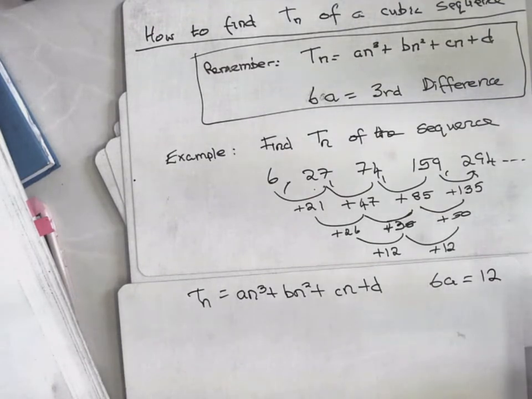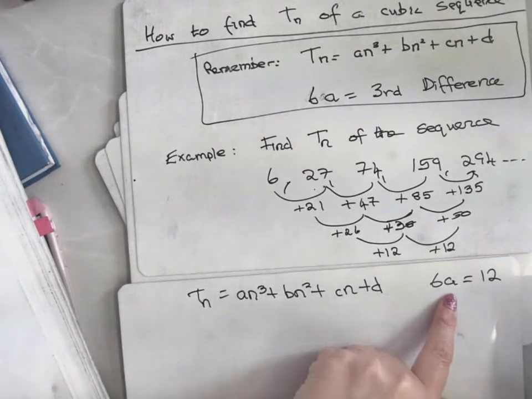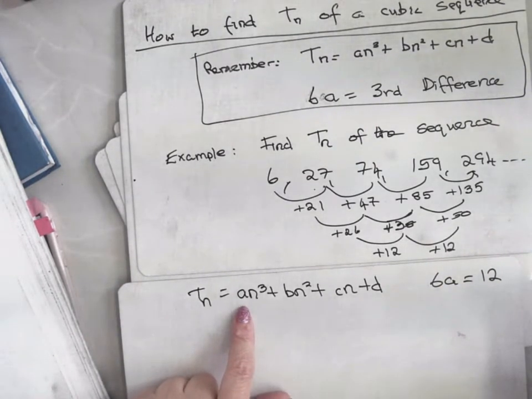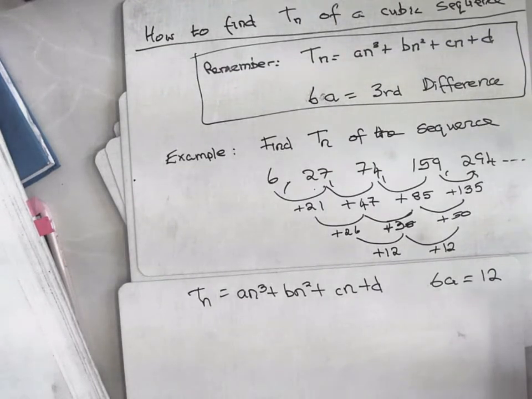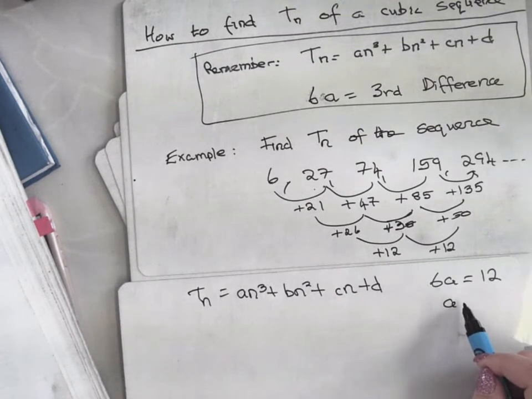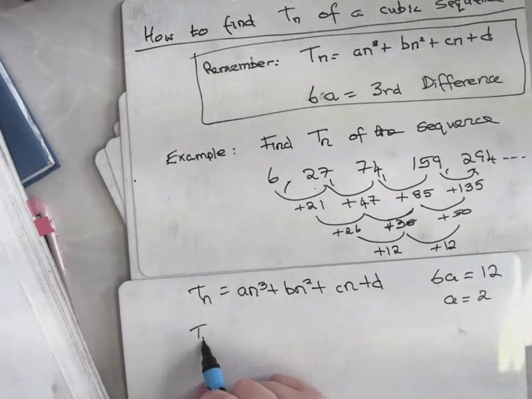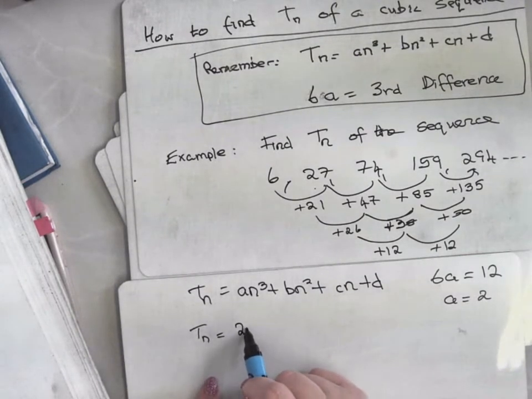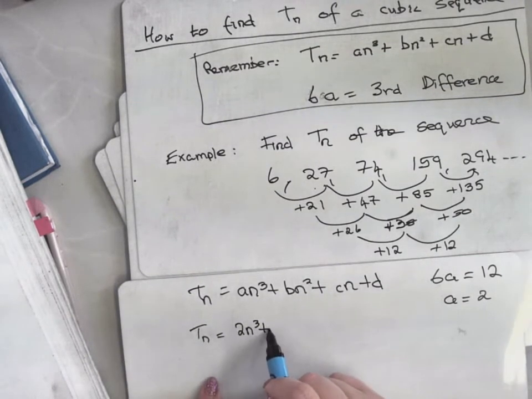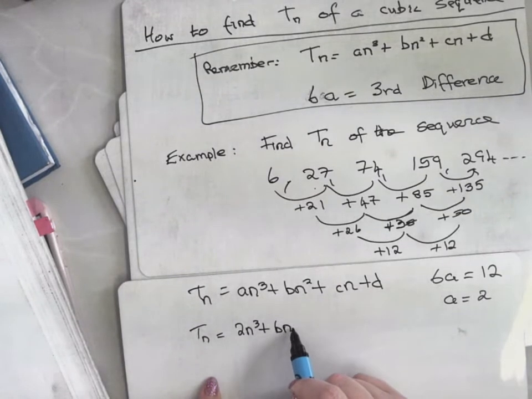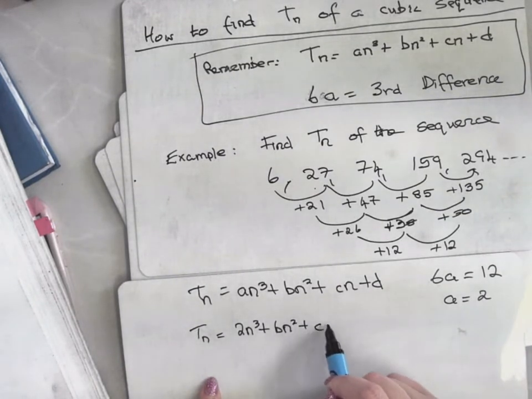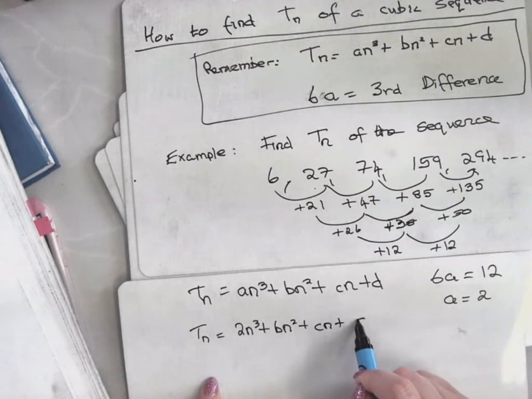Please note this a is different to the a's we've had so far. The a's in the other formulas are the first term. This a is the one in front of the n cubed, or the n squared in quadratic sequences. So dividing by 6, a is equal to 2. So the general term is Tn equals 2n cubed plus Bn squared plus Cn plus D.